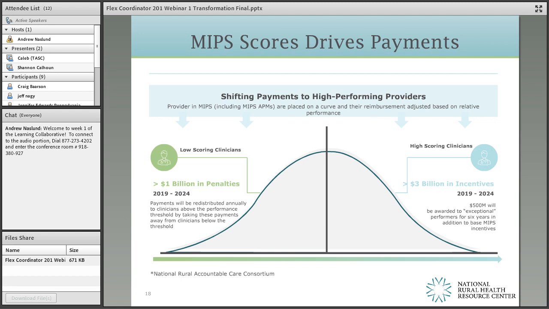And that's because being in an APM, you get excluded from measurements of cost on your MIPS reporting, which gives you the ability to actually have a higher score because you're only measured on 3 things instead of 4 things, 1 of which is cost, which you have no control over when you're in MIPS. So there's an immediate disadvantage of being in MIPS only versus an APM.